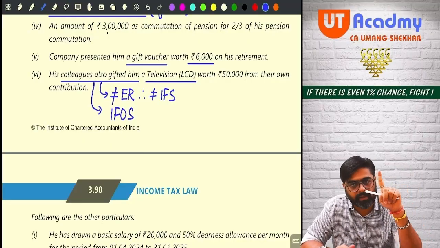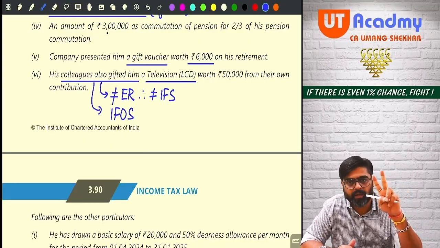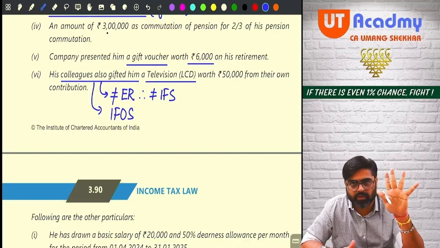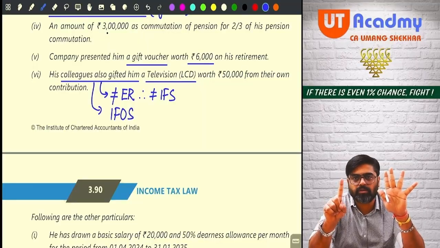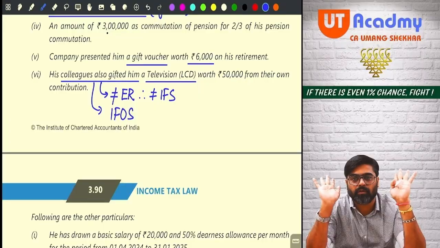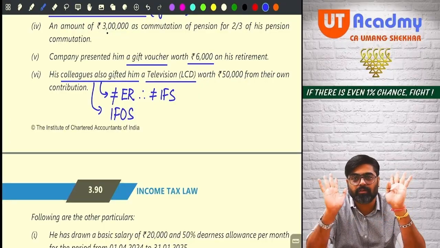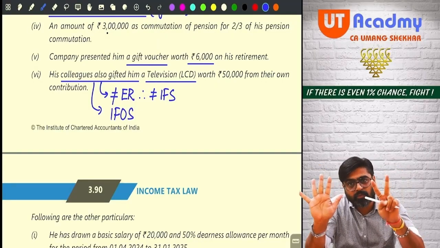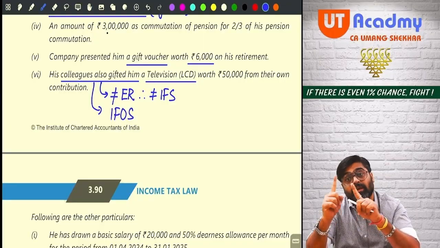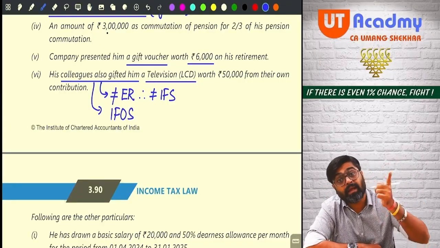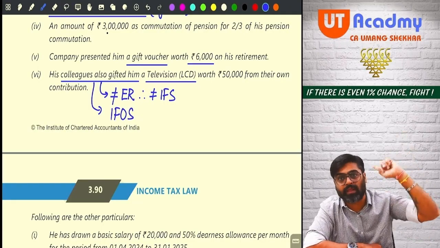That is P for paintings, J for jewelry, D for drawings, A for artwork, A for archaeological collections, S for sculptures, and S for shares. P J D A A S S. Any of these movable assets received by you as a gift will be taxable under the head IFOS, and their value should also be more than 50,000.